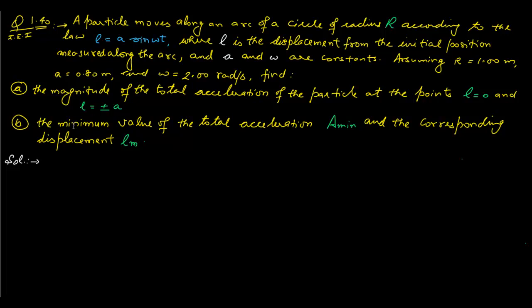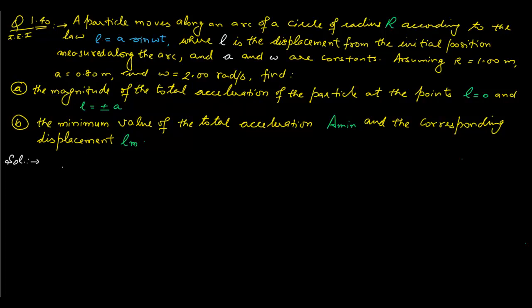And part B, the minimum value of the total acceleration a minimum and the corresponding displacement L minimum. Now what we have to find out here is the magnitude of the total acceleration.